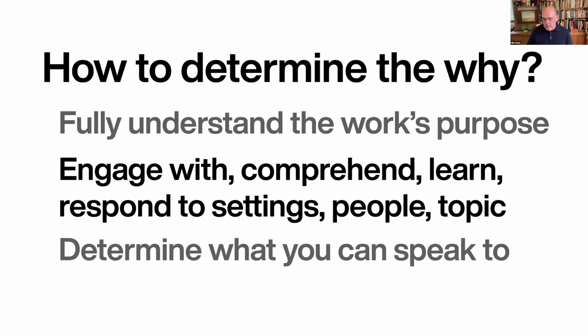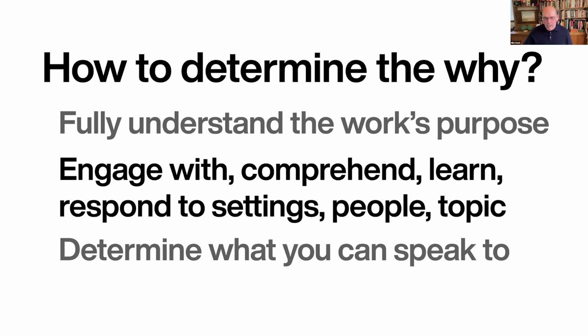It's essentially what you can speak to, what you can address in terms of more compelling and dynamic aspects of what's in front of you. One way to think about it is always, what are the universal aspects in a given setting? Is there conviviality? Is there passion? Is there dislike, discord?